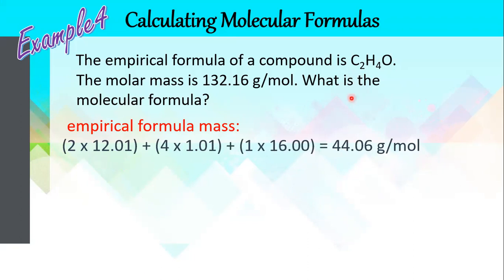And then you have 4 atoms of hydrogen multiplied by its atomic mass, 1.01. And then you have 1 atom of oxygen multiplied by its atomic mass. Just add up, and you will get 44.06 grams per mole as your empirical formula mass.